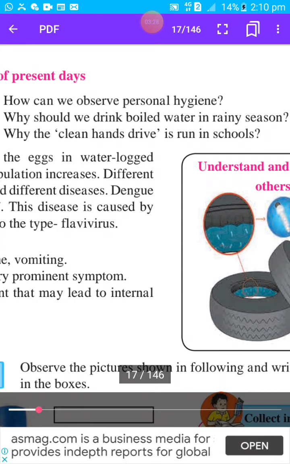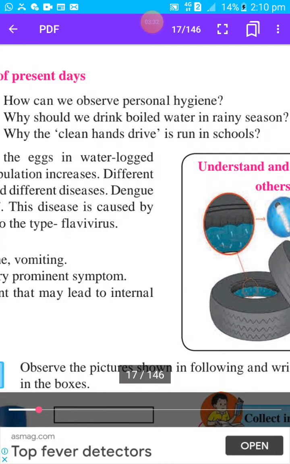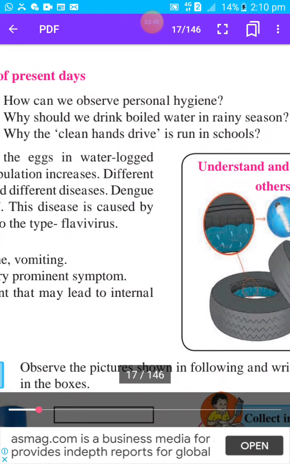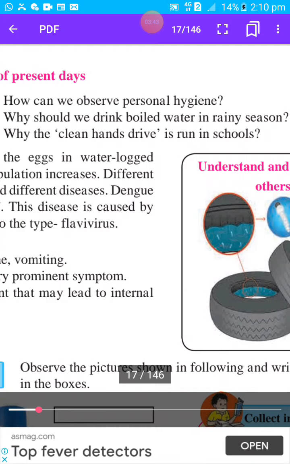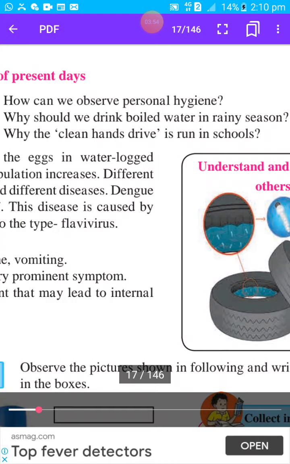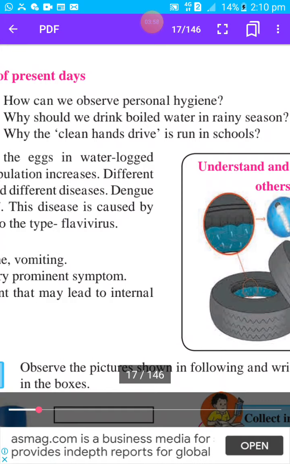In the rainy season, many microorganisms and pathogens like bacteria cause diseases like jaundice, hepatitis. So if we happen to drink such contaminated water containing microorganisms, we will also get infected by diseases.